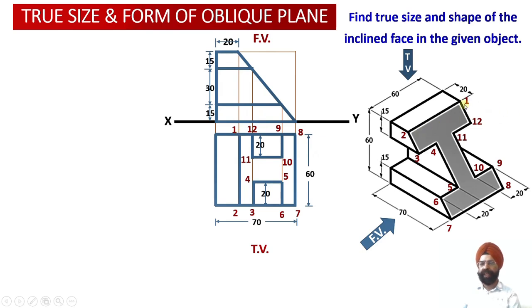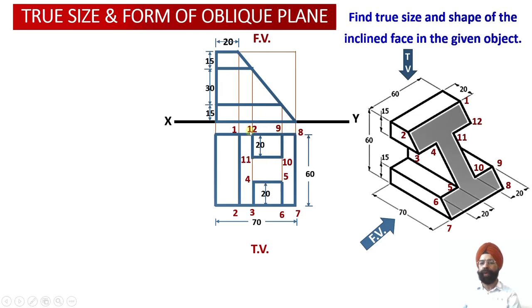We can check, we are moving in a sequence. Point number 1, point number 2, point number 3, 4, 5, 6, 7, 8, 9, 10, 11 and 12. Similarly, point number 1, 2, 3, 4, 5, 6, 7, then 8, 9, 10, 11 and 12.